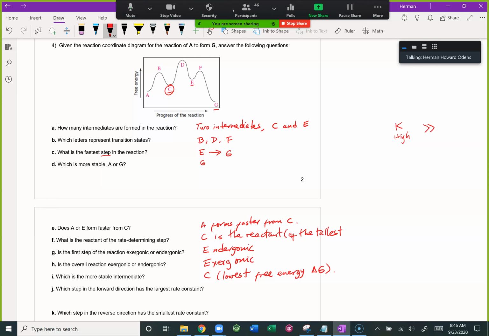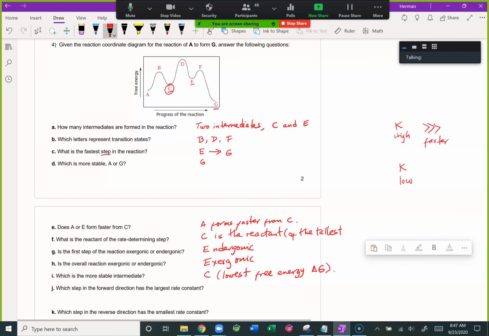That's in chapter 2. It's faster. When your k, or rate constant, is low, then it is slow. All right.